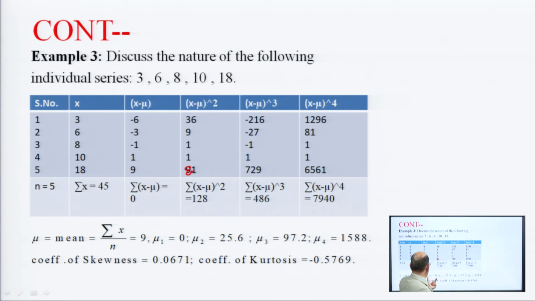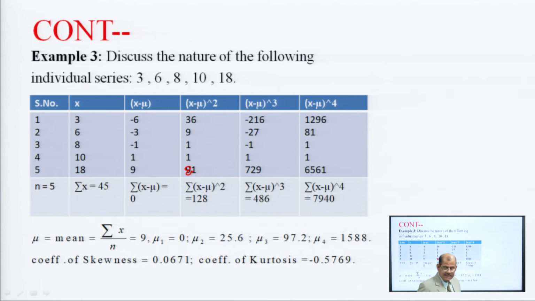Here mu 1 is always 0, mu 2 is 128 divided by 5, which is 25.6. This divided by 5 is mu 3, and this divided by 5 is mu 4.